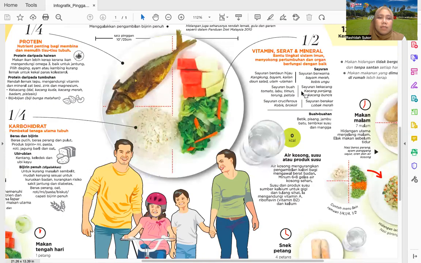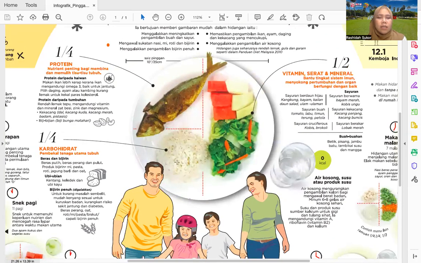So this is the healthy plate. A quarter is carbohydrate. It can either be rice or potatoes, or whole meal, which is highly recommended. Then you have protein. This is a typical Malaysian plate. You have fried fish.